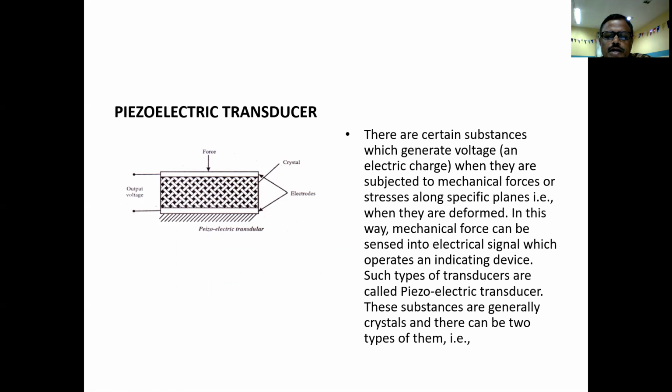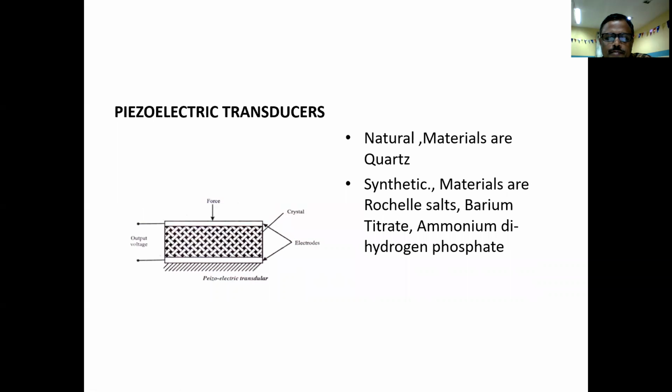These substances are generally crystals, and there can be two types of them. They can be natural materials like quartz. Quartz is the best example of a piezoelectric material.